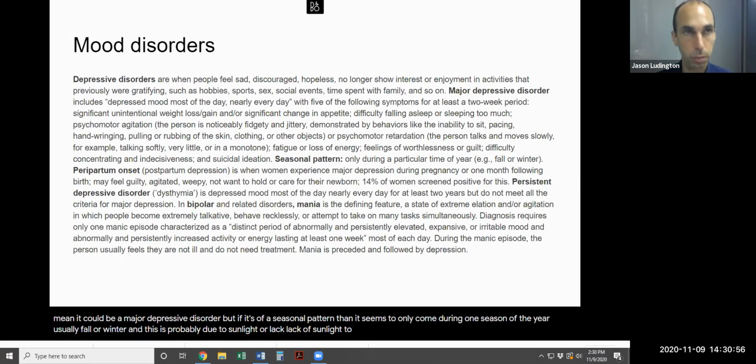It might be the timing of the circadian rhythm. So if your circadian rhythm is not being set properly, that might predispose you to depression.